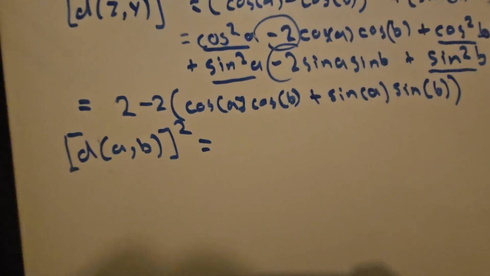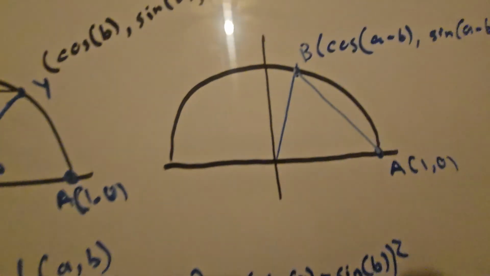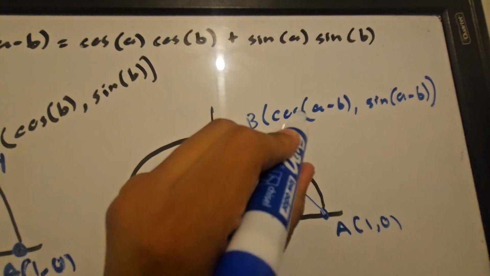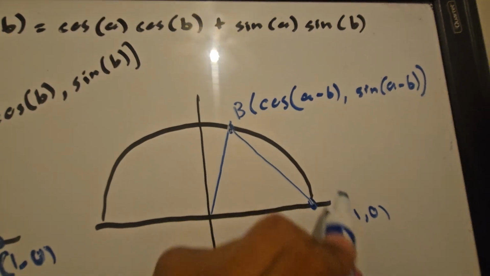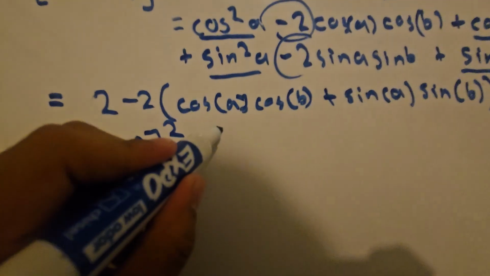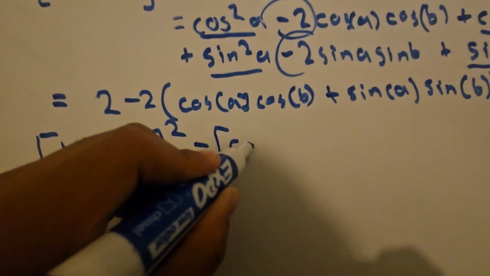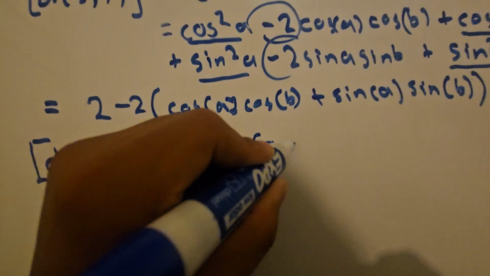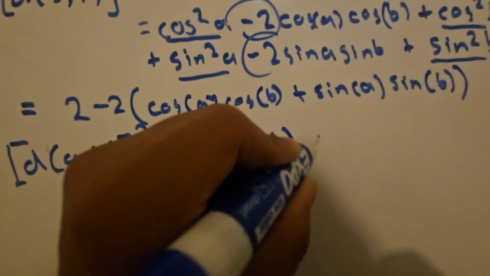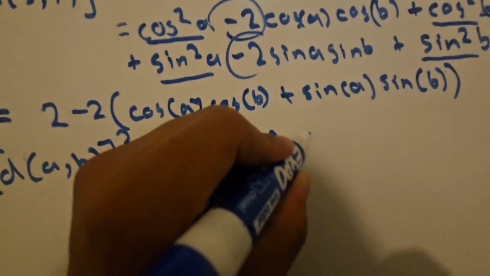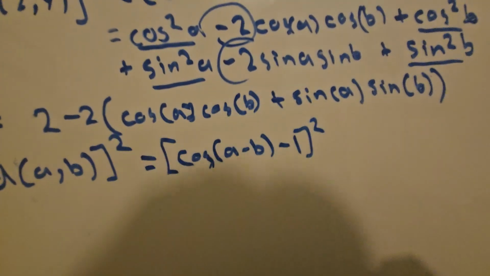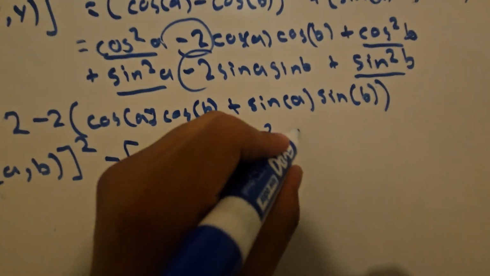So that will be, let's see, what will it be? It'll be cos A minus B minus 1, right? So cos A minus B minus 1 squared.